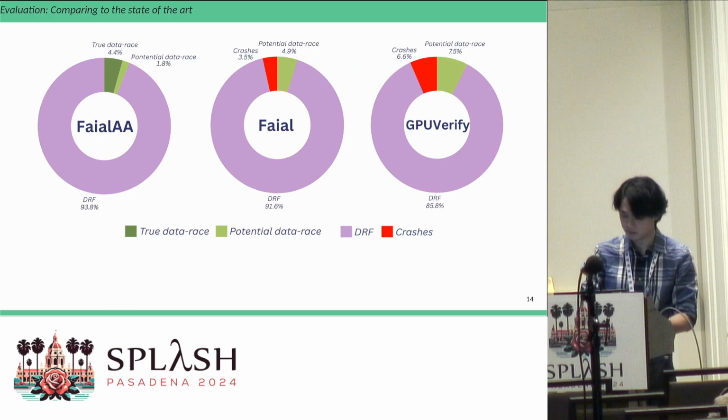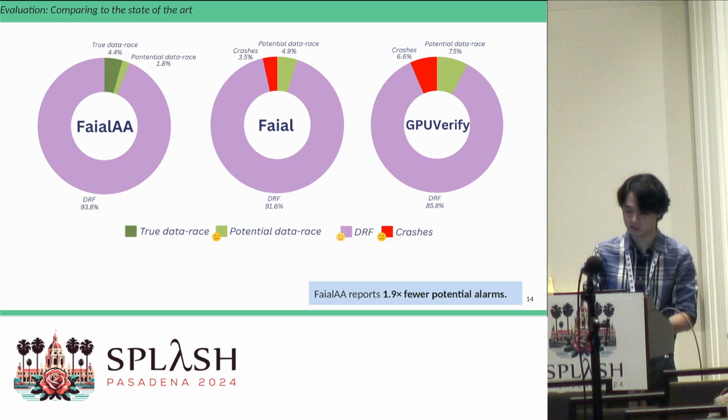Since this is a supposedly DRF data set, we preferably want a high number of DRF reports. And we find that Faial-AA is the highest among the 3 at 93%. Also, we have the lowest amount of potential data race reports at 1.8%. So approximately 1.9 times fewer potential alarms than the other tools.